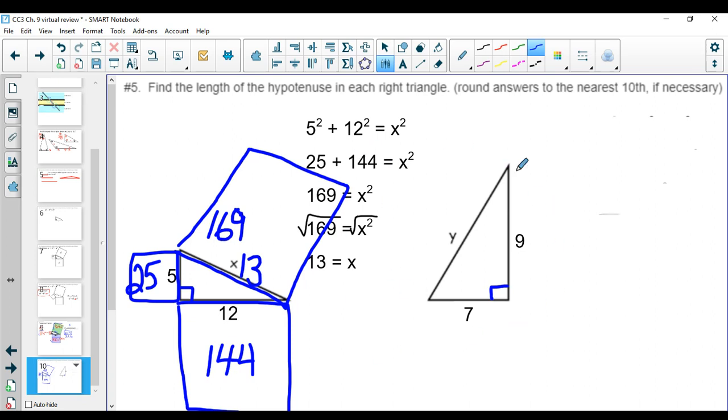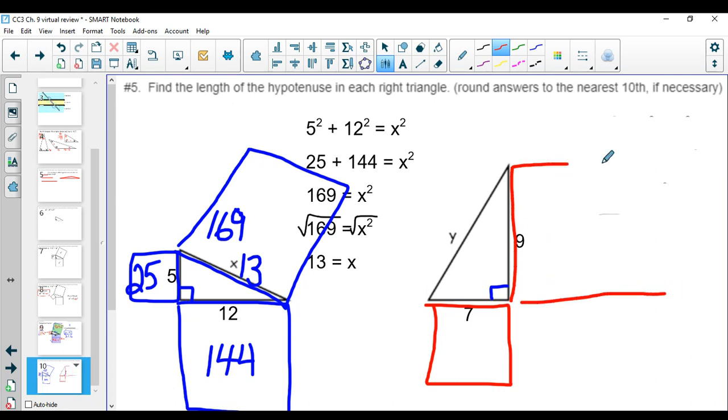Now we're going to do the same thing over here. I'm going to switch color. So we start with our 7 squared and our 9 squared. And I'm not going to draw over my writing this time. And that's going to equal our y squared.